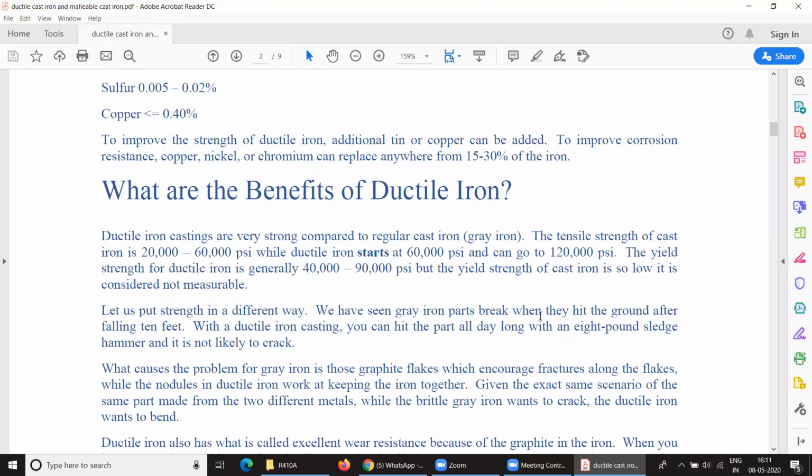The tensile strength of cast iron is 20,000 to 60,000 psi, while ductile cast iron or SG cast iron starts at 60,000 psi and can go up to 120,000 psi. The yield strength for ductile iron is generally 40,000 to 90,000 psi, but the yield strength of cast iron is so low that it is considered not measurable, or it is neglected.